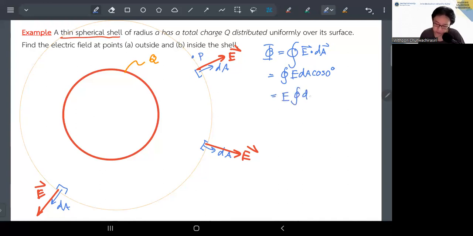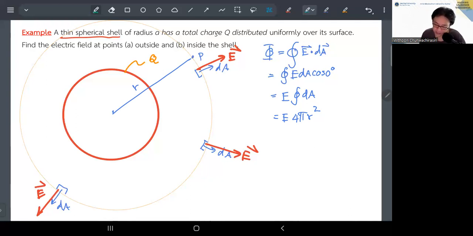So you are left with just E times the integral of dA across this surface. This is just the surface area of our Gaussian sphere, 4 pi r squared, where r is the distance from the center of the shell to point P. This is your fourth time seeing this, right? That is your electric flux on this Gaussian sphere.